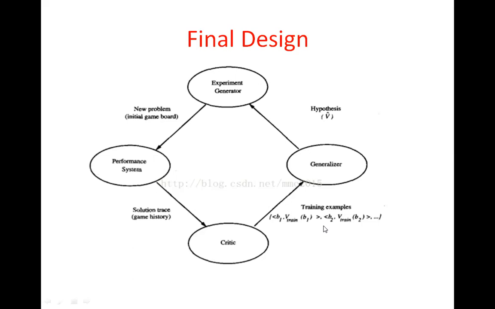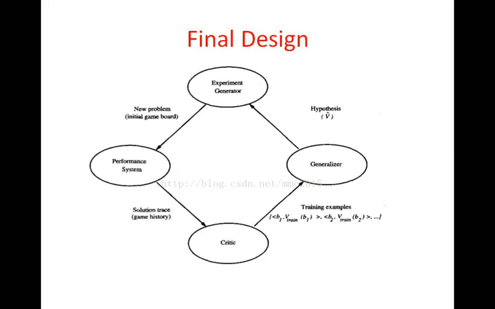Why do you need training examples? To train the system. From this set of moves, it will fetch and create the training examples and send them to the generalizer. So the name generalizer, what does that mean? It means it will generalize these training examples to some hypothesis.